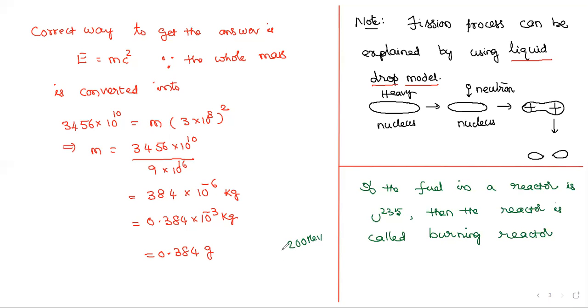That's why, out of those fissionable elements, you are getting more energy from uranium-235. That's why he is separately calling it the burning reactor. Okay, so it is the burning reactor where the fuel is uranium-235. Okay, this is one more point, useful for the BITSAT exam, a theoretical type of exam.